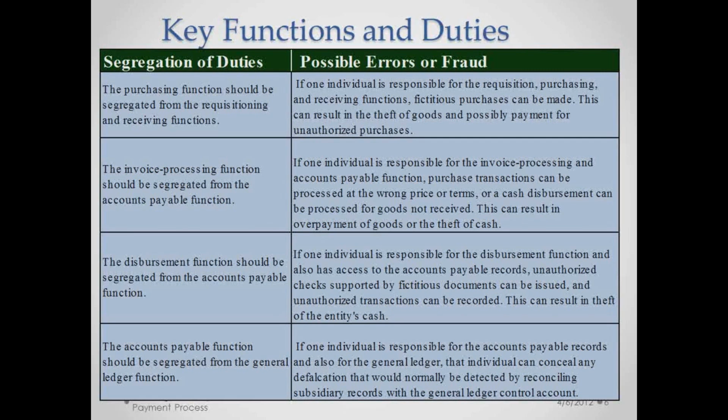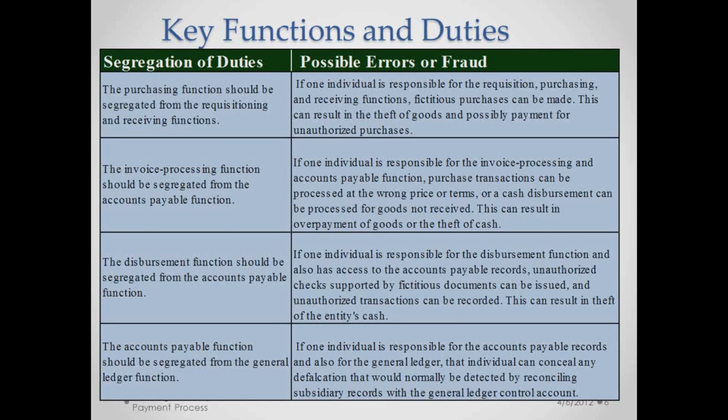The invoice processing function should be segregated from the accounts payable function. If one individual is responsible for the invoice processing and accounts payable, they could commit errors, or transactions can be processed at the wrong price, or cash disbursements can be processed for goods not received, which in a sense is, right, a misappropriation of assets because you now have cash out the door and you didn't receive goods for it.